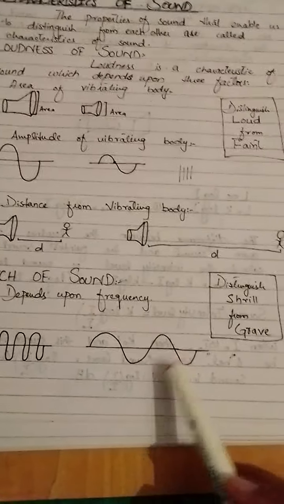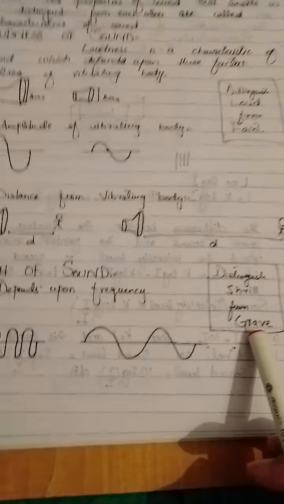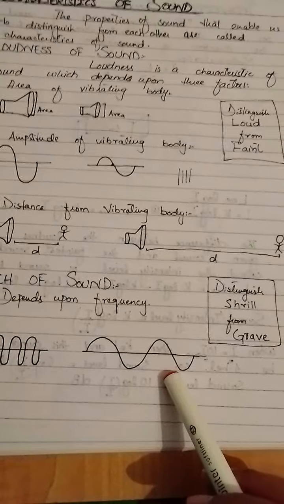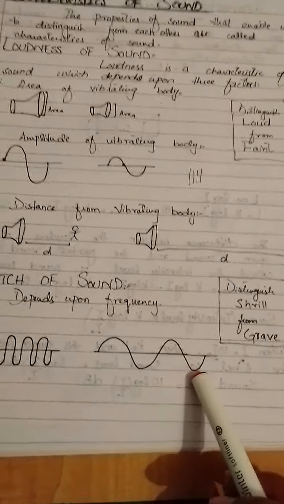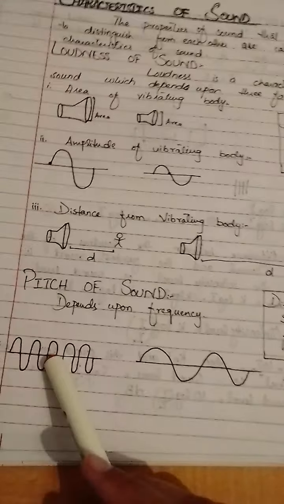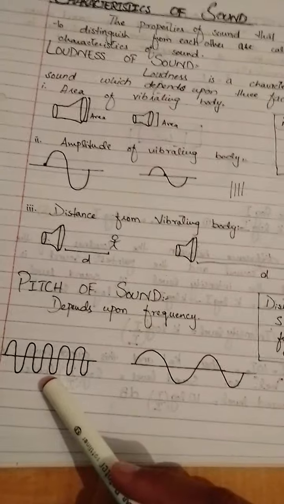So in turn, these lower frequencies are called the grave sound. The sound of a drum, the sound of a gentleman, the sound of men are of lower pitch. The sound of women are of higher pitch.